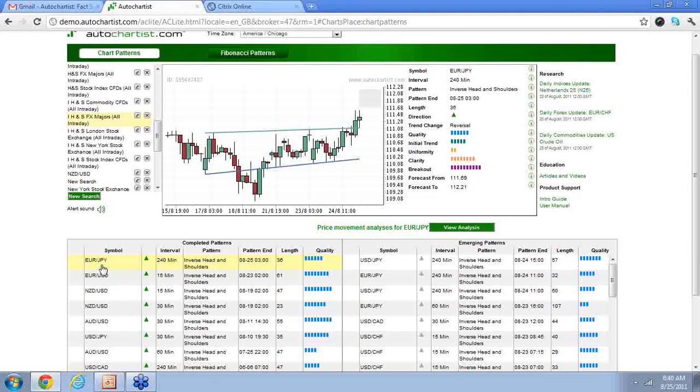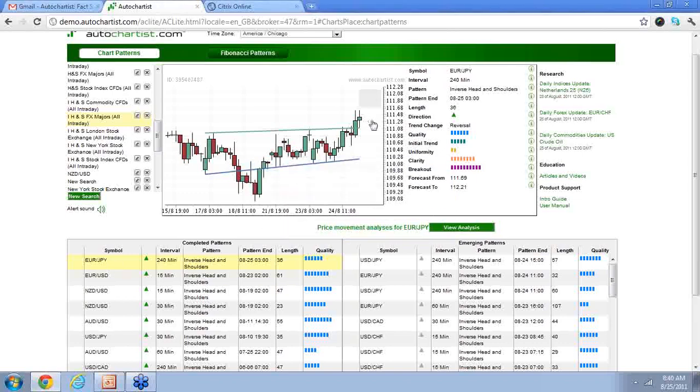There may be 3 ways, but let's look at 2 ways to enter. The basic entry for the breakout, the one that's going to complete this pattern and produce an alert from AutoChartist, is entering a long trade on the breakout to the upside.